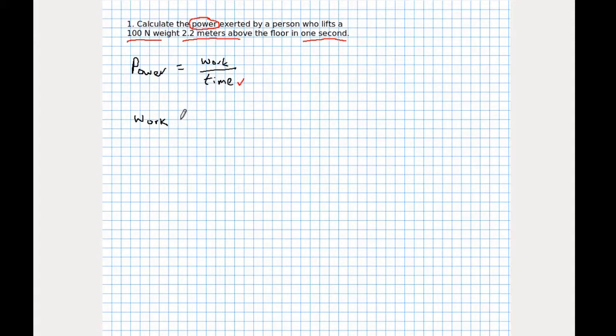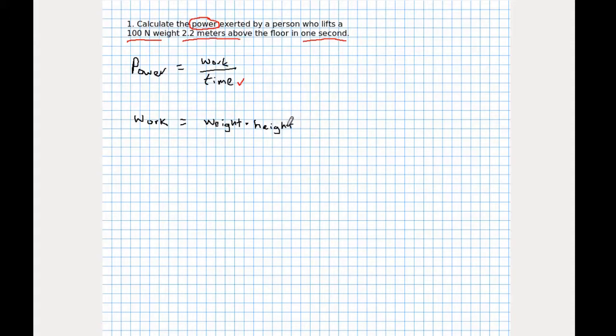All right. Well, to figure that out, I need to know that to lift an object up in the air, the work is the weight of the object times the height that you lift it up to, times the change in elevation, times the height.